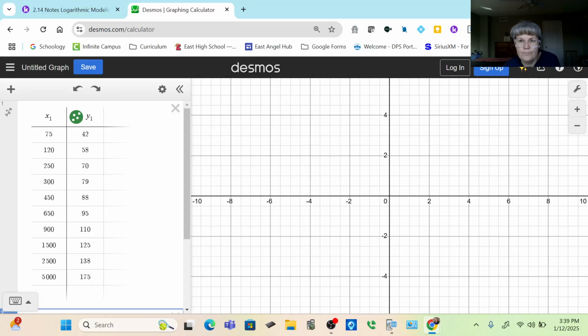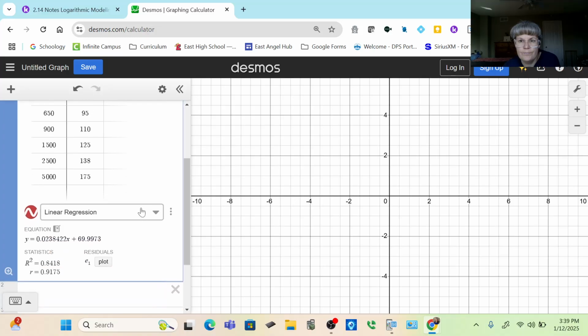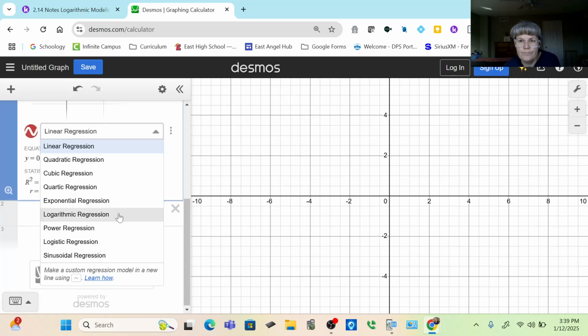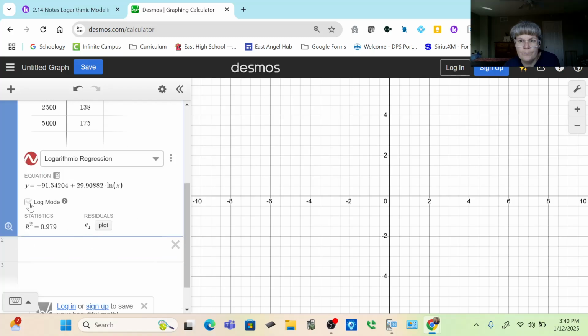Okay, so to get the regression, this little symbol that you see next to the table, it's dots with a line between it. We click on that for regression, and then you'll see it automatically gives a linear regression. We want a logarithmic regression. So we select logarithmic regression, and this is what's different about Desmos compared to the TI graphing calculators or most other calculators.